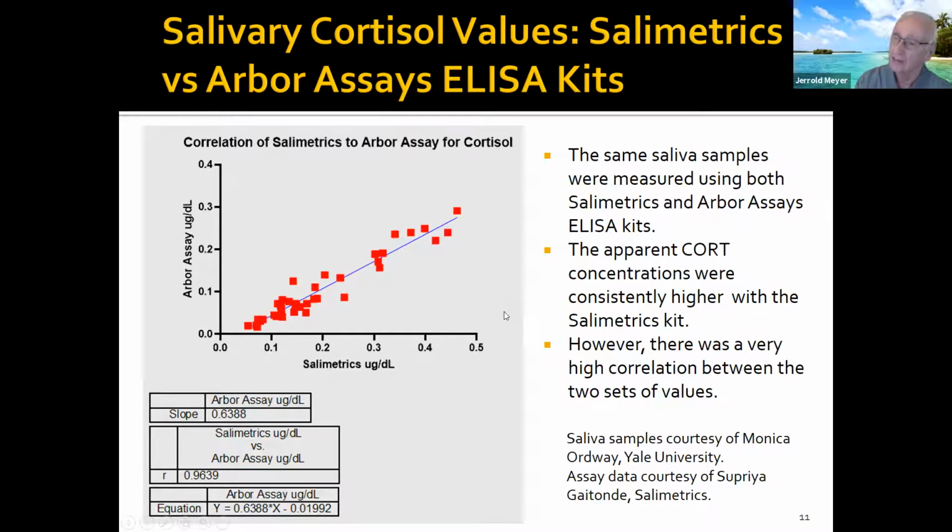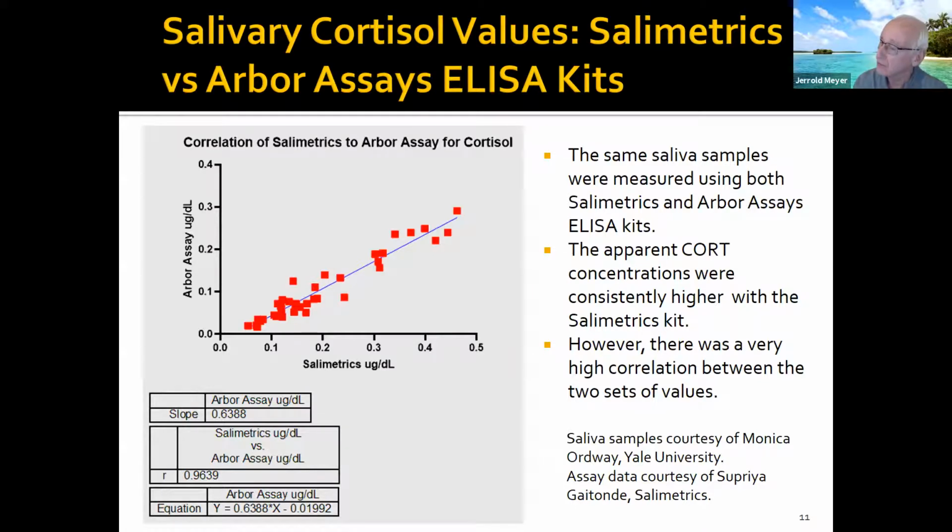So how much does that bother us? Well, it's a little bothersome because we can't say for certainty whether it's this value or this value that is the correct, whatever that means, the real value of cortisol. How do we decide which is which?